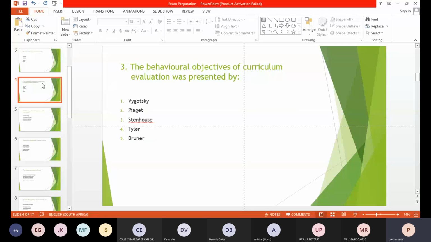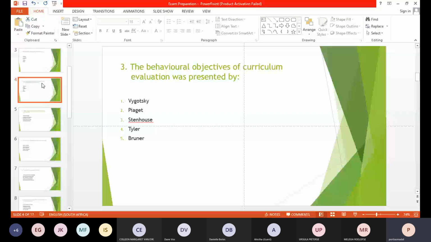So in this next question, I ask you: the behavioral objectives of a curriculum evaluation were presented by who? Remember, he didn't come up with a behaviorist theory.